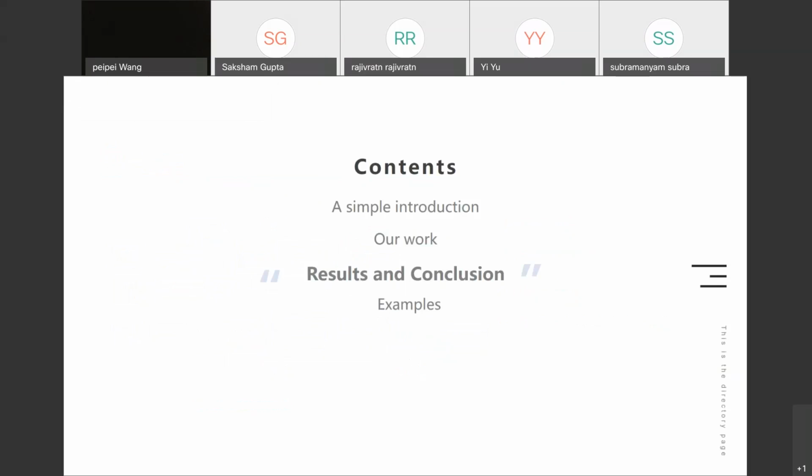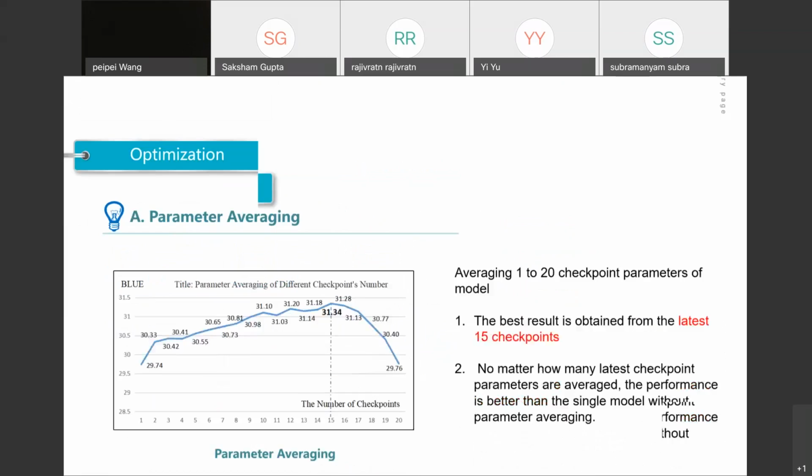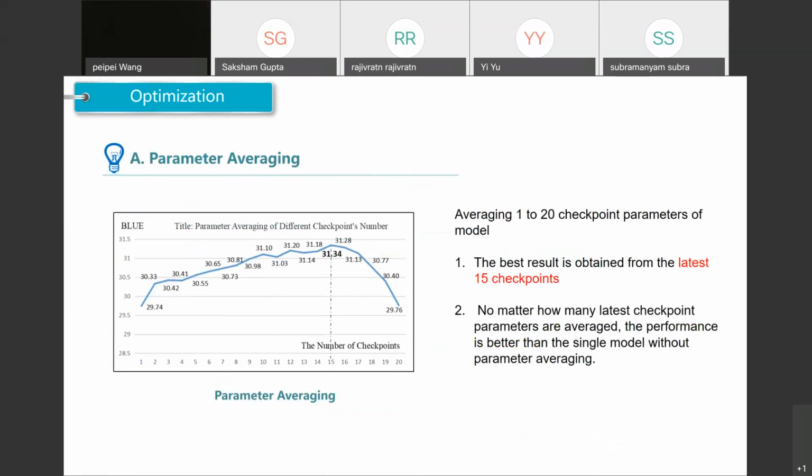The following are our experimental results and conclusions. Before integrating models, we did some general optimizations. Parameter averaging refers to averaging the latest N models saved by a single model at different times in the training phase.